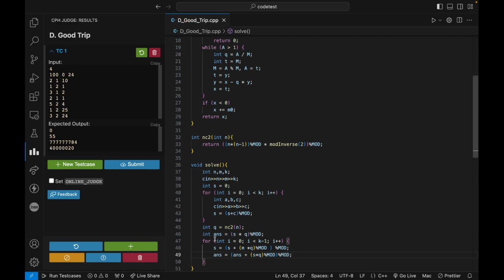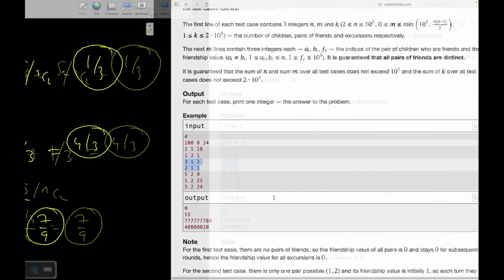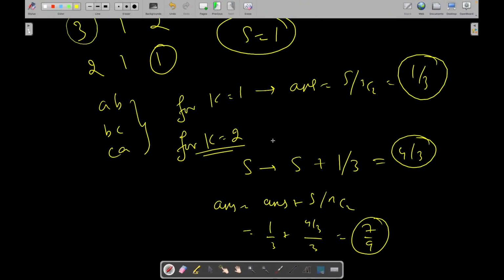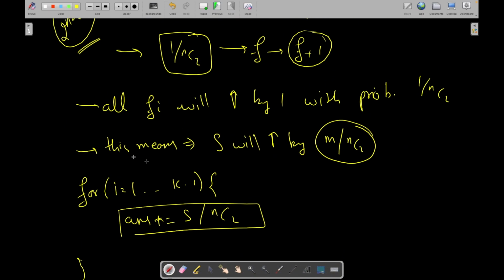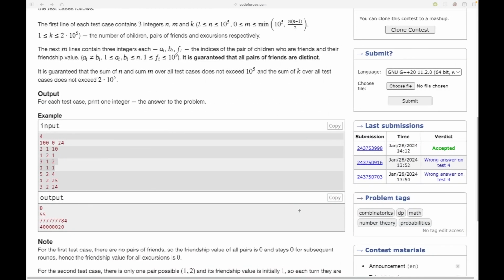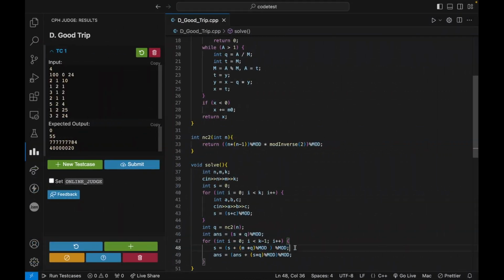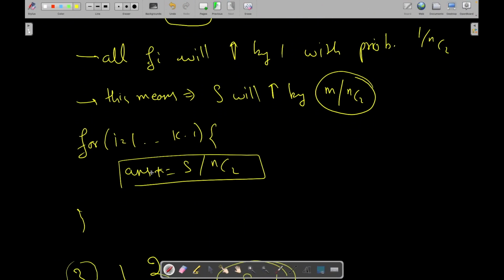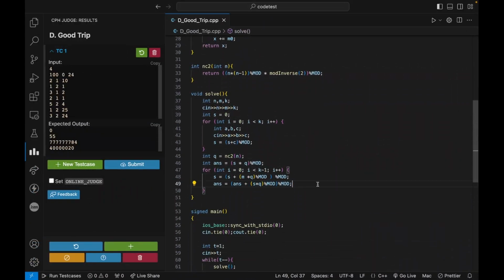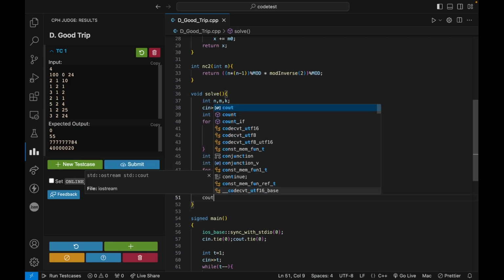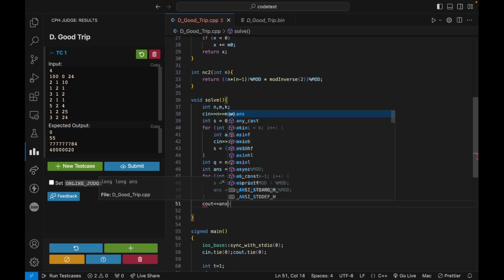So this step corresponds to this here. Actually I am increasing my s by this value here, and then I am increasing my answer for every kth excursion like this. So s is equal to this value. Now in the end I have to print my answer.